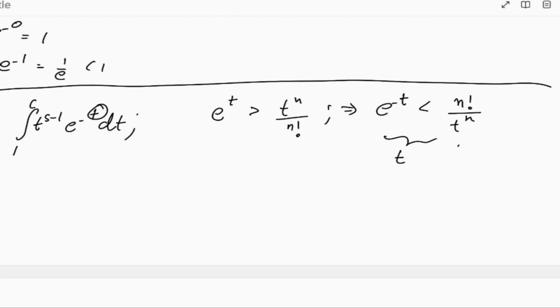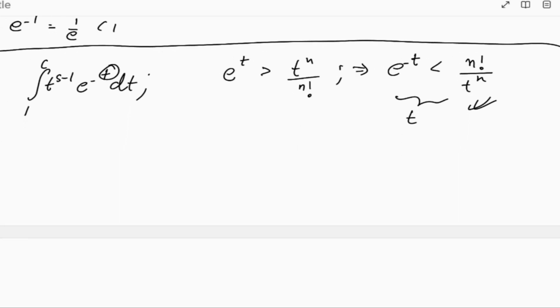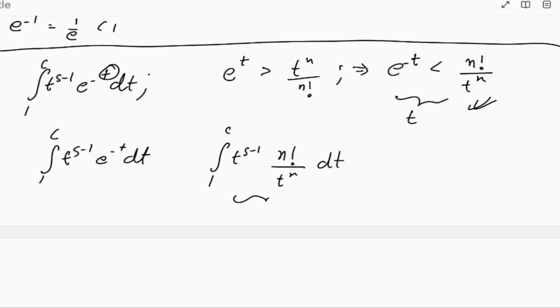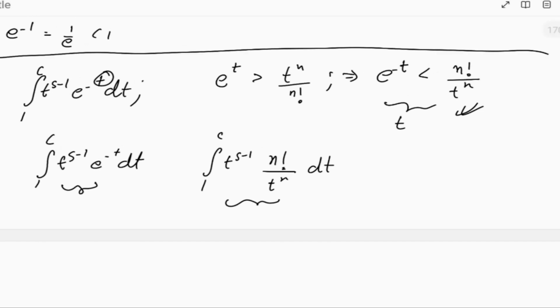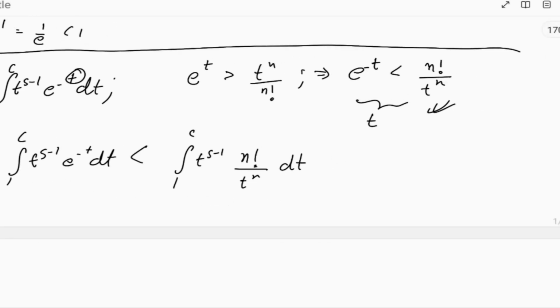So this is always true. If I create a new integral, this is the one that we have, and this is the one that I'll make: the integral from 1 to c of t^(s-1) n factorial over t^n dt. This term is always bigger than this term for the given limits, so the overall integral is also bigger.